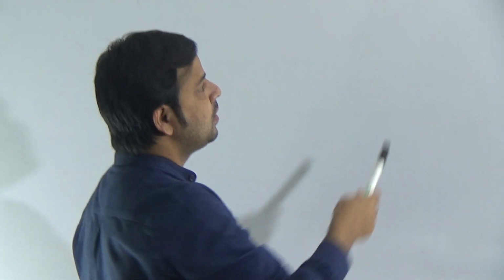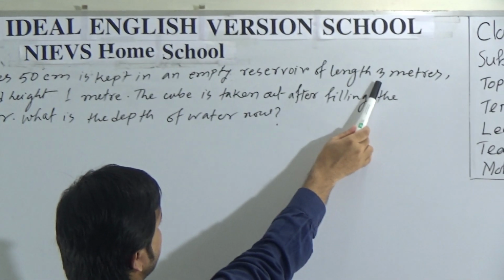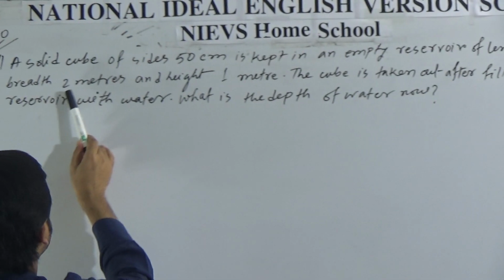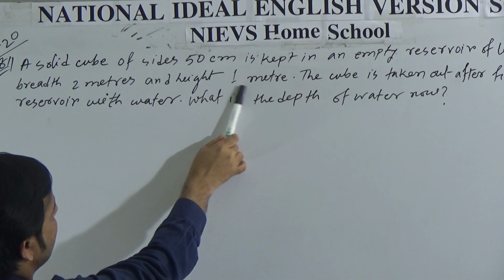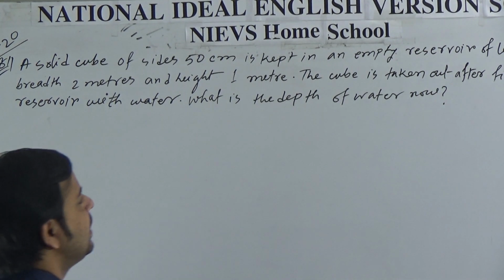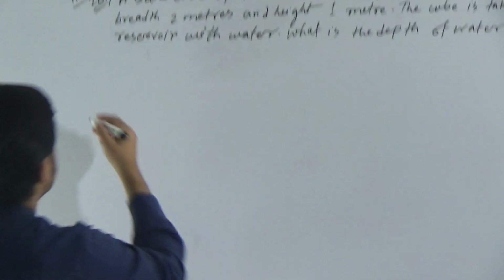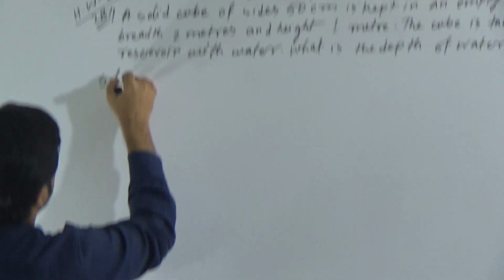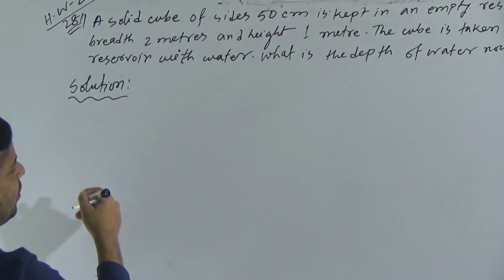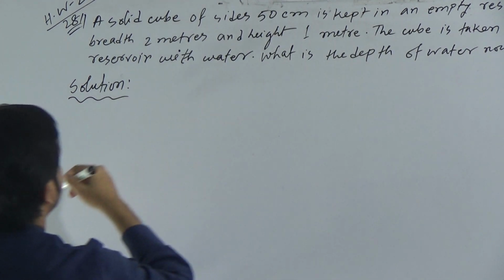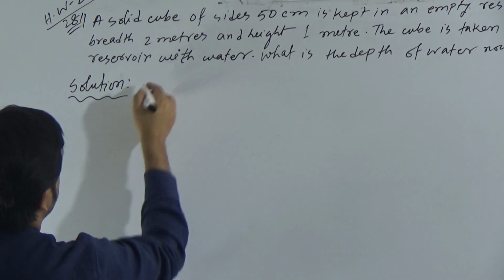The length of the reservoir is 3 meters, breadth of the reservoir is 2 meters and the height of the reservoir is 1 meter. So, we can find the volume of the reservoir also. So, we can start our solution. At first, we will find the volume of the solid cube given.